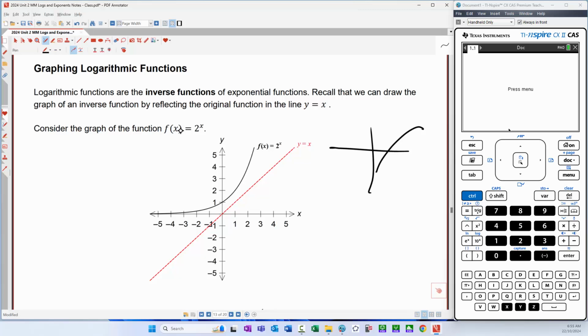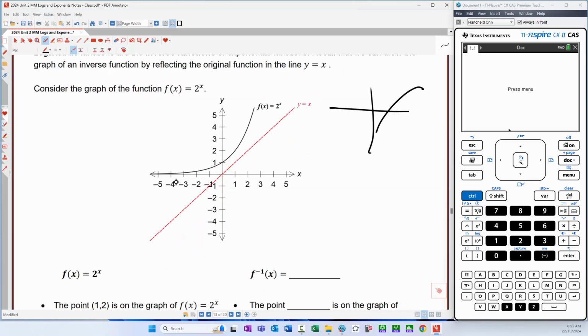But important to note that the graph of the logarithm is the inverse of the exponential. Okay, so let's just have a look at what the graph is going to look like. So we've got f of x equals 2 to the x, and we want the inverse of f of x. So we'll write down y equals 2 to the x.